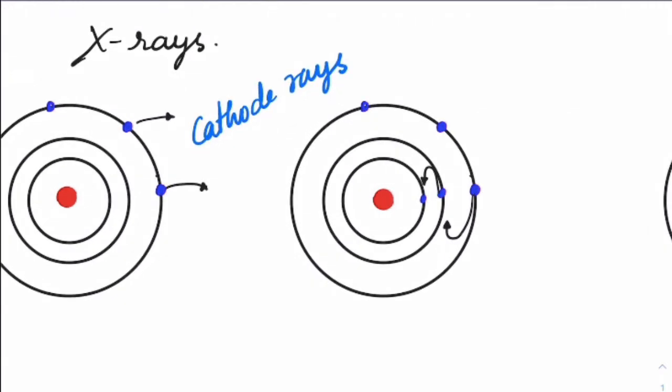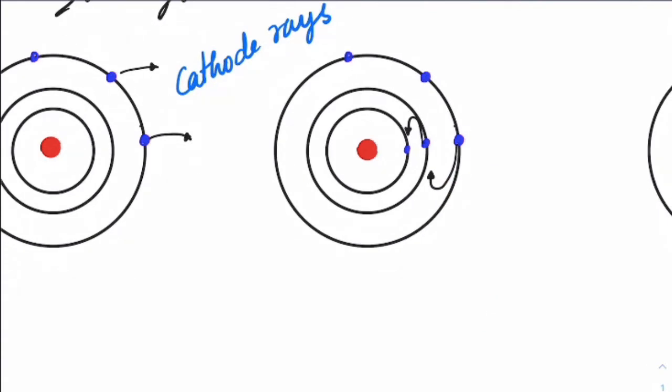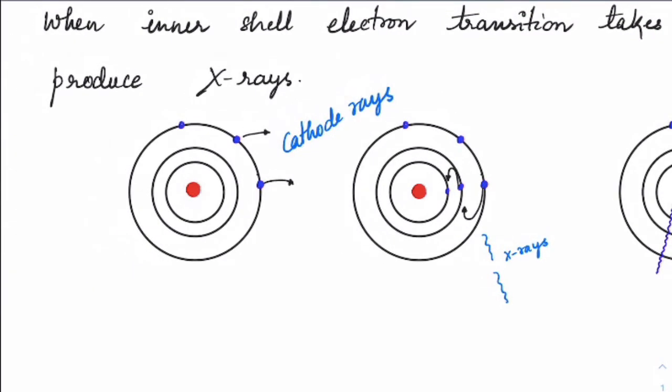But if the electrons keep moving from outer orbital to inner orbital in an atom, they would give out energy radiation, and this time these radiations are X-rays. So X-rays are generated by the transition of electrons from outer to inner shells.